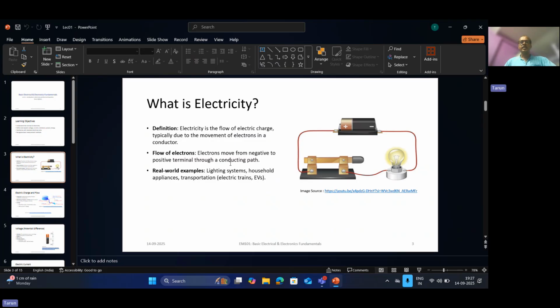And we know the flow of current is in the opposite direction of the flow of electrons. In the real world, lighting systems, household appliances, and transportation, that is, electric trains and EVs, are examples of the application of electricity.